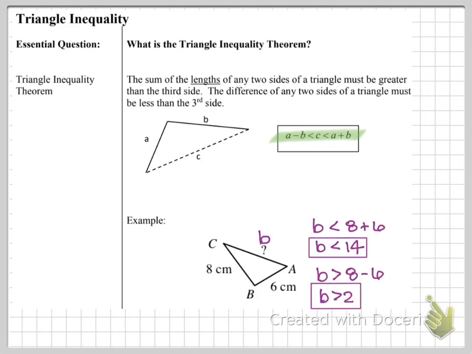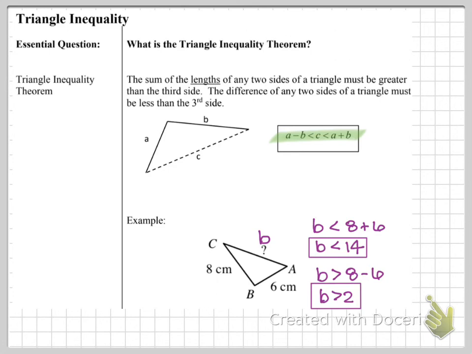Okay, so I went through, I took the two side lengths, I added them together, knew that the missing side is going to have to be smaller than that. But then I took the other two side lengths and subtracted them. Make sure that you subtract so it makes sense. It doesn't make any sense to think about -2 as a side length, so we do want it to be the +2 aspect.